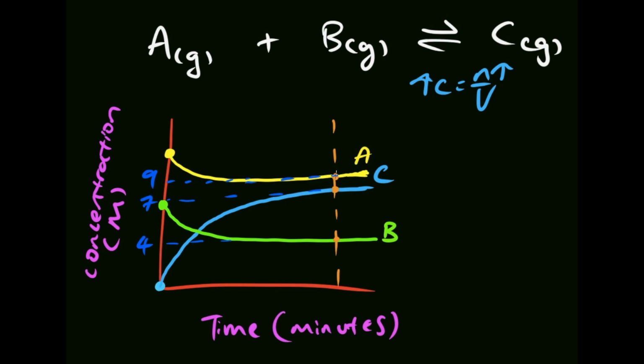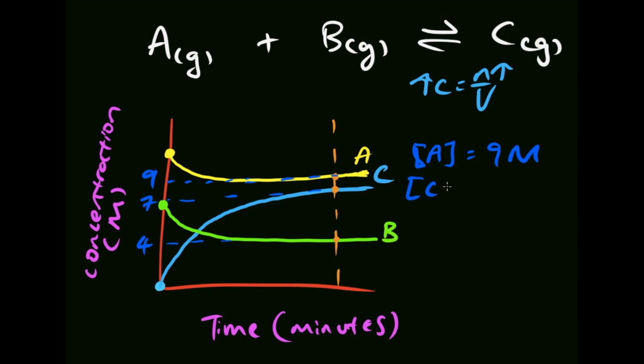So when equilibrium has been established, and I'll explain further in terms of concentration what equilibrium means, the concentration of A equals 9 moles per liter. The square brackets mean concentration.